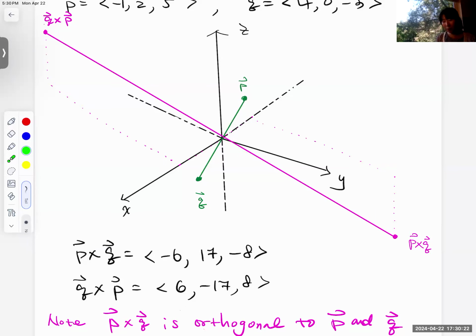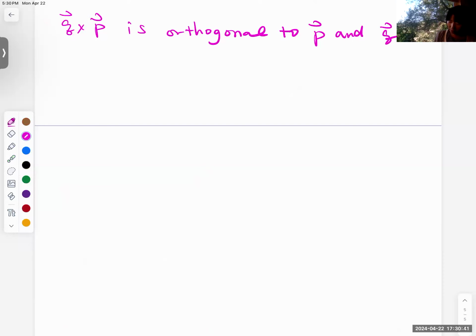And then can you see the cross product of Q and P is also orthogonal to P and Q, right? So like this. Okay. We have a theta. Properties.